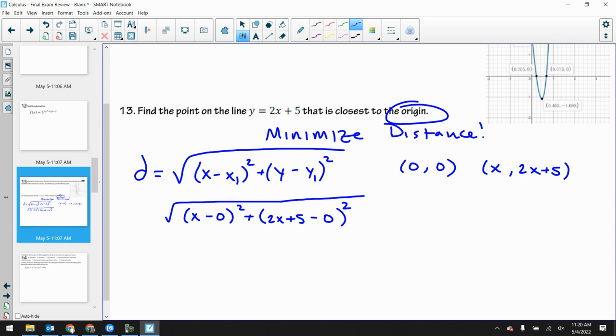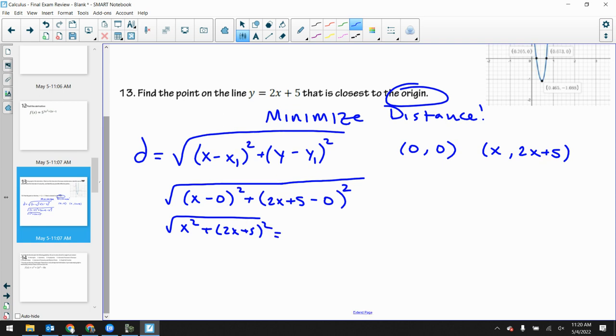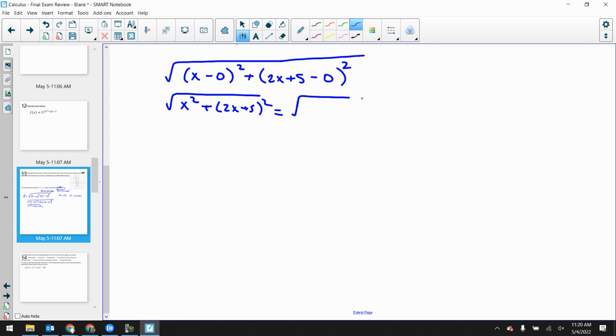So that's going to give me an x squared and then the 2x plus 5 squared. So let's FOIL that out. That's going to give me an x squared and then 4x squared plus, okay, we got outers and inners are both 10x, so 20x plus 25.